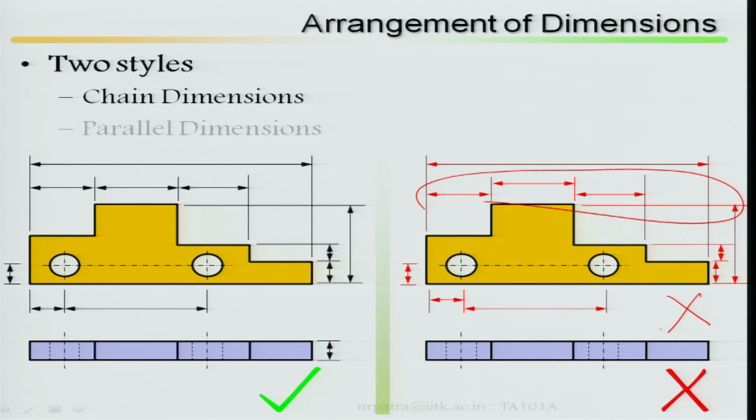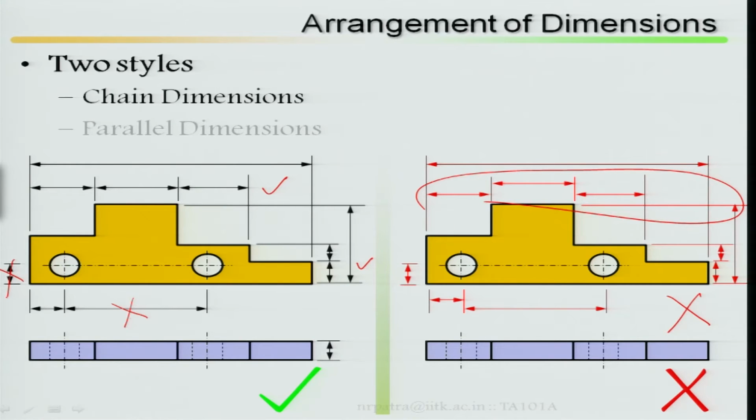Another thing you can mark: as far as possible, do the dimensioning on only two sides, do not do all the sides. Though I have marked it here, as far as possible you remove this side and this side.